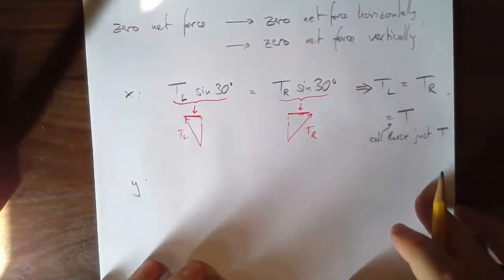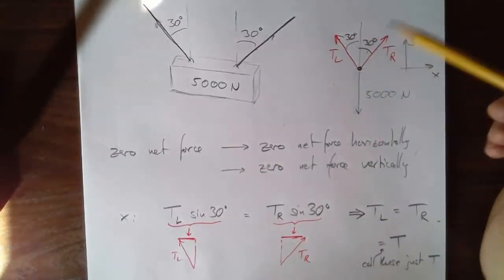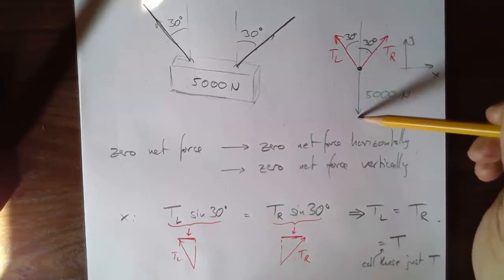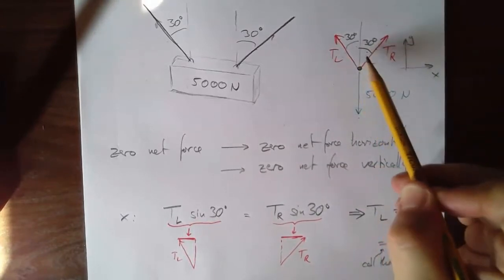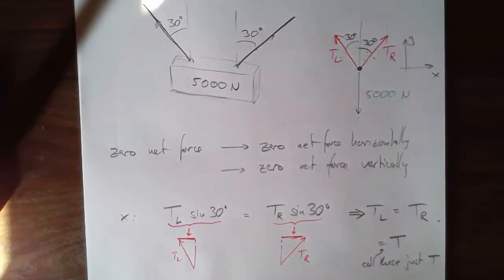Okay. Now in the Y direction, that's my vertical direction. Well, what force is acting there? That's the weight down. The weight down gets cancelled out by the forces pointing up. That is the tension left and the tension right. But of course only their vertical components.